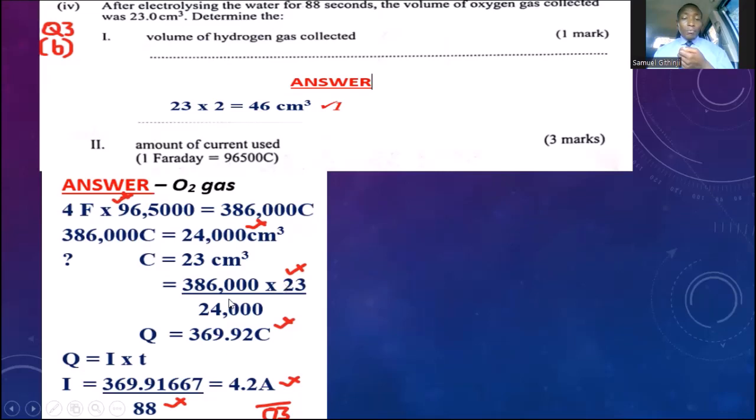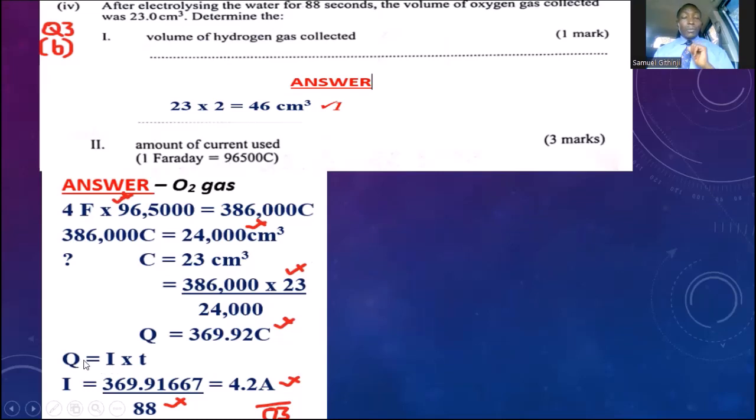Remember, a student can decide to work out the number of moles: 23 divided by 24,000, the number of moles of oxygen used. Then later multiply by the 4 Faradays there. Multiplying by this, a half a mark. Getting the quantity of electricity equivalent to 23 cubic centimeters, a half a mark. Okay? Then we move on.